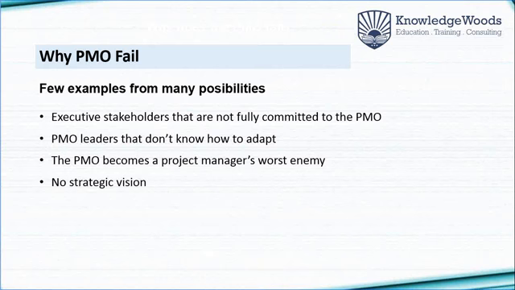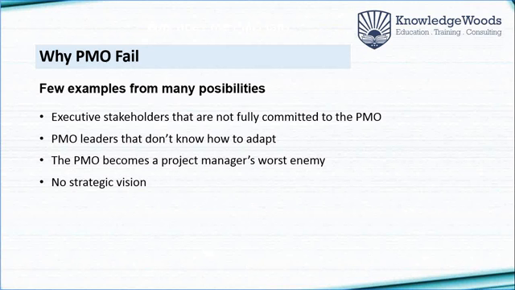Another reason why a PMO fails, again aligned to adaptability and scalability, is that there is no strategic vision for the PMO. They remain static in one place. They are mostly concerned about solving day-to-day project related issues, updating schedules, updating cost, reporting and so on. Think from an organization's perspective.